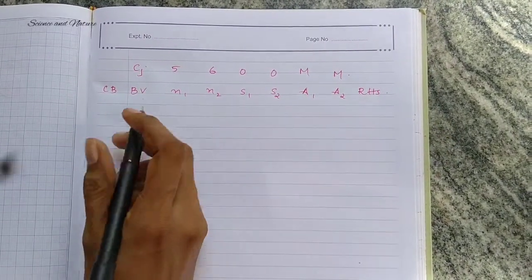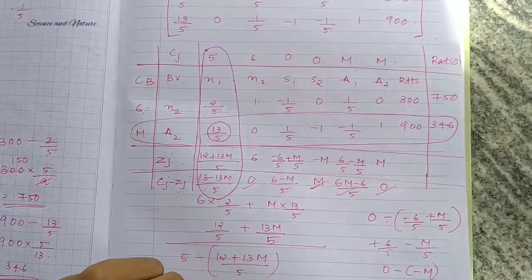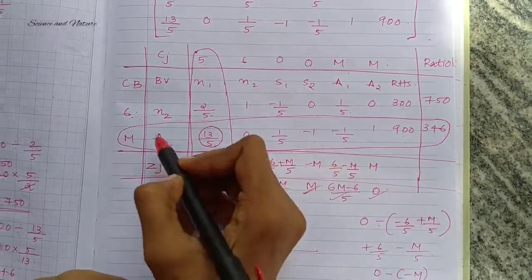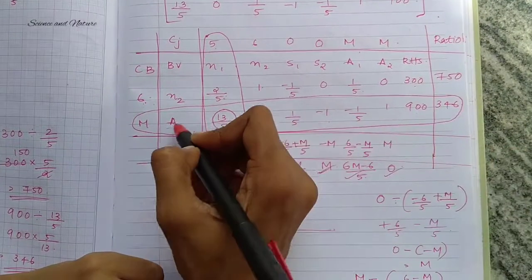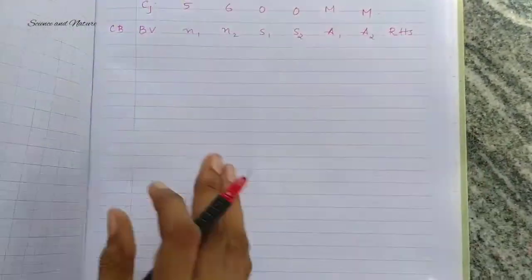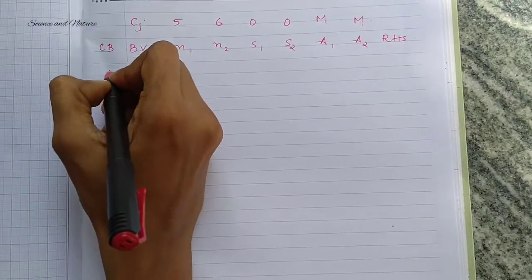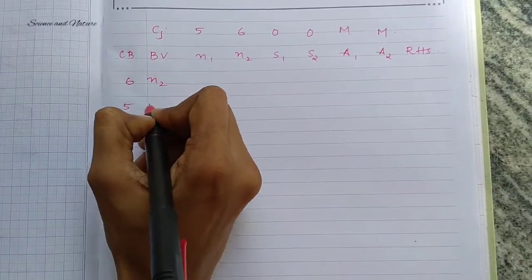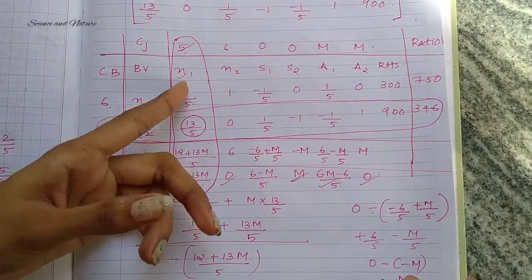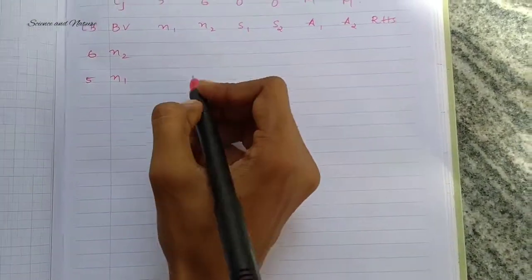And here there is a change, that is here our key element is 13 by 5, that is in the A2 row. So A2 and M is replaced with x1 and 5. That is, in the place of A2 and M, we should write x1 and 5.